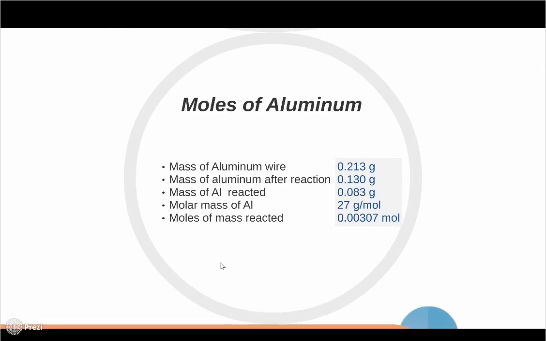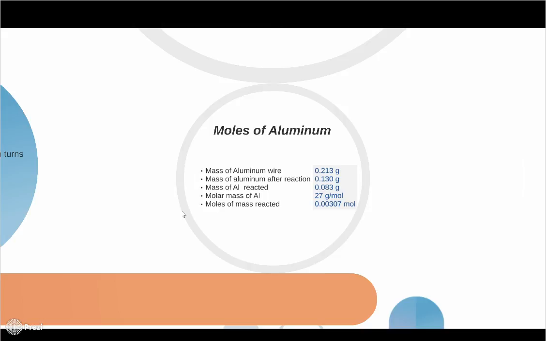Then we needed to find the moles of aluminum. Same process, we used the aluminum wire. We found basically the grams of the mass of aluminum that was reacted. We used the molar mass to calculate the moles of aluminum.